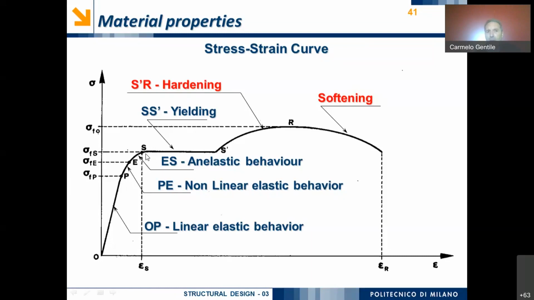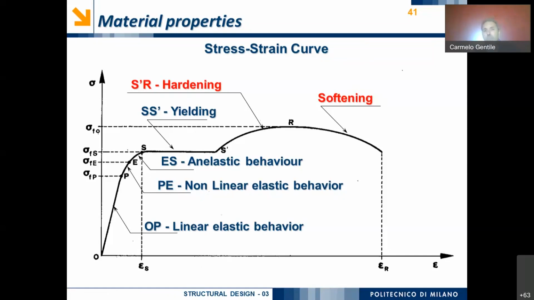And again, between S and S prime, the behavior is inelastic. So the unloading follows a path which is not equal to the original one, but is parallel to the elastic path OP. This means that if I go to point S prime and then unload, I will have a residual strain corresponding to zero stress.